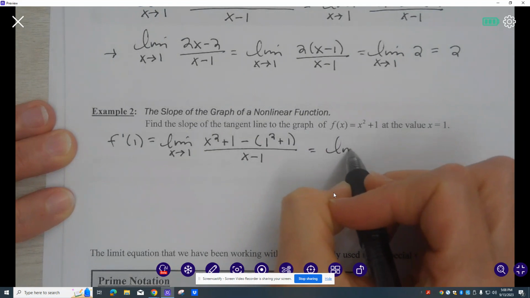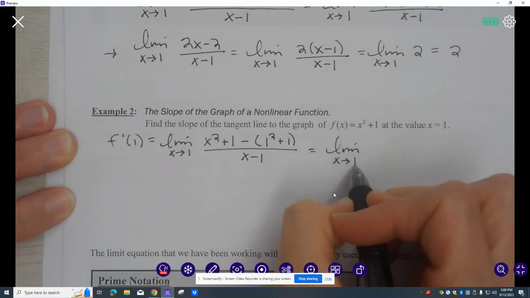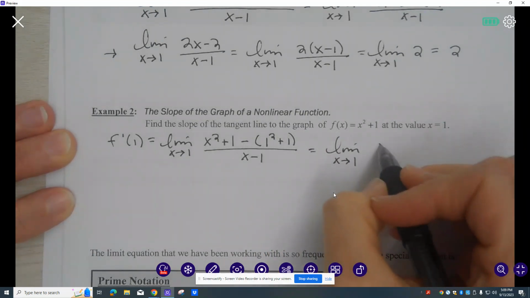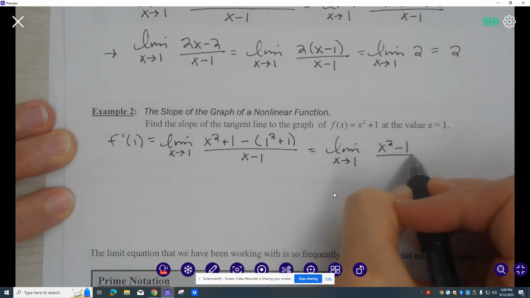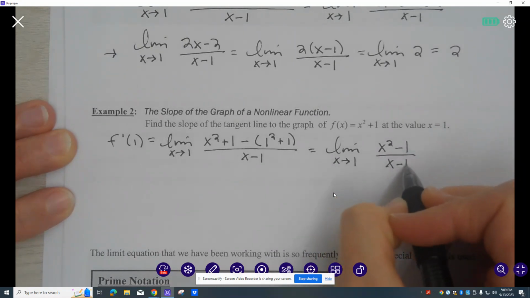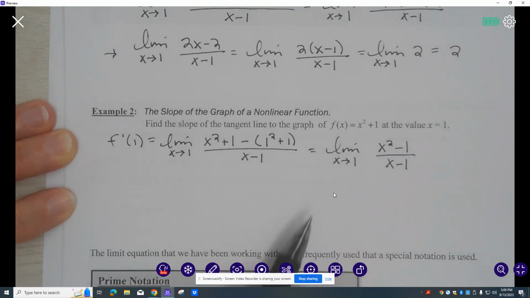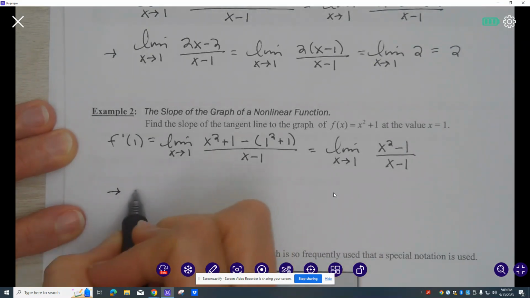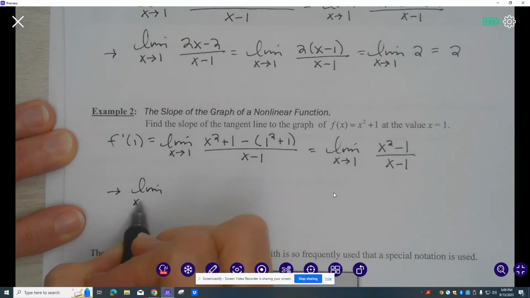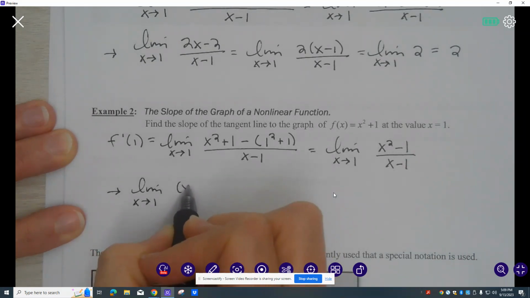Simplify that. I'm going to skip a step in there. If I lost you, pause the video and figure out the algebra that happened between this step and that step. And then the limit as x approaches 1, factor the numerator.